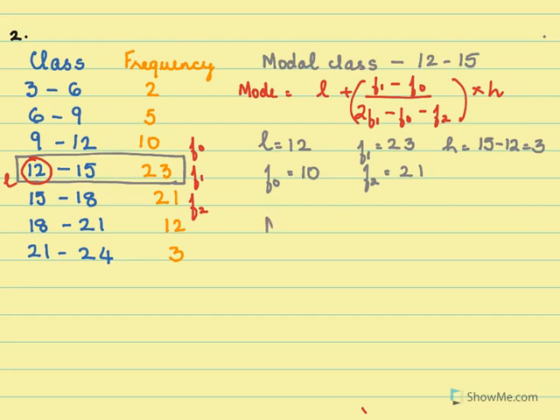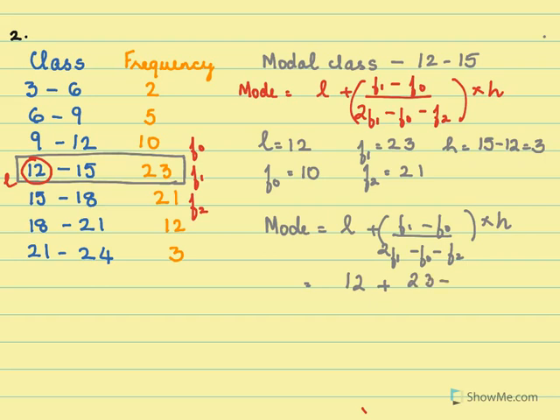Let's go ahead and put the formula again. So mode equals lower limit of modal class plus (F1 minus F0) over (2F1 minus F0 minus F2) into H. Let's substitute the values. So we had L is 12 plus (23 minus 10) over (2 into 23 minus 10 minus 21), and your H is 3.